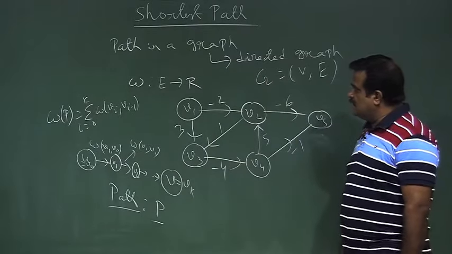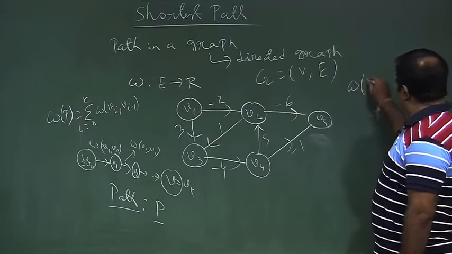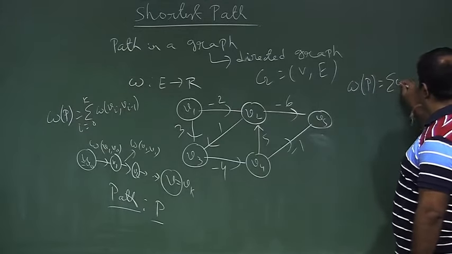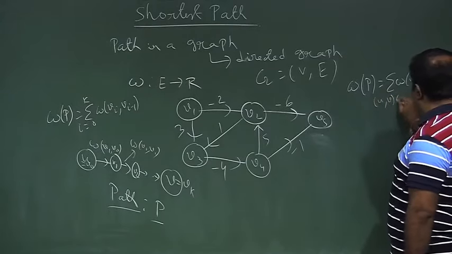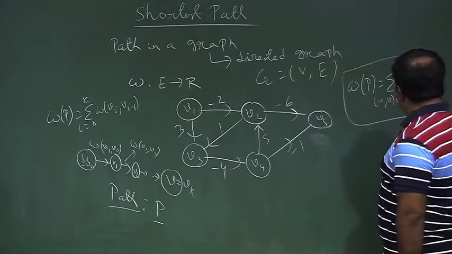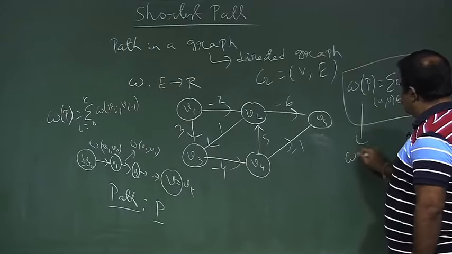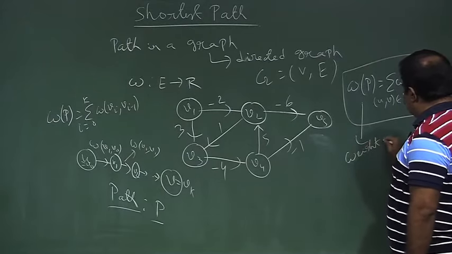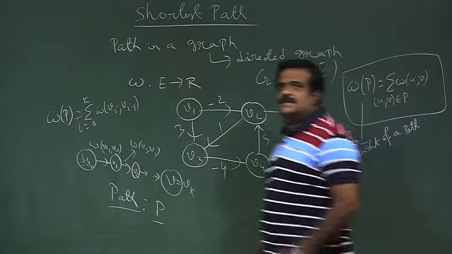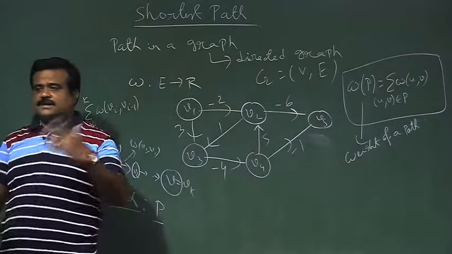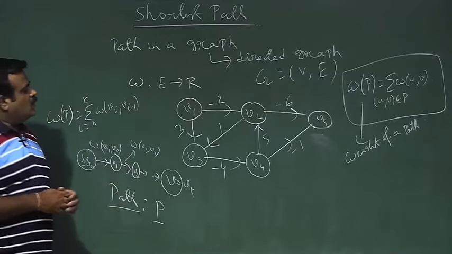Basically Wp is the summation of W(u,v), where (u,v) belongs to that path. So we take the sum of all the weights in that path, and that gives us the weight of the path.